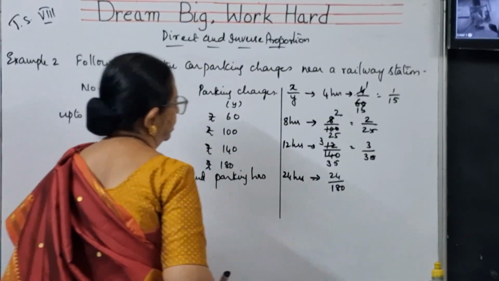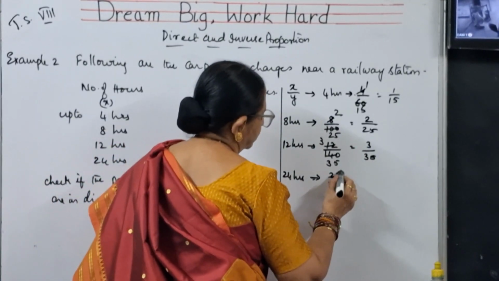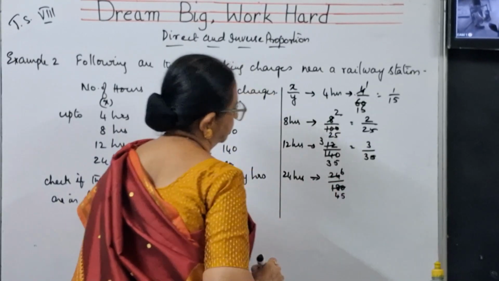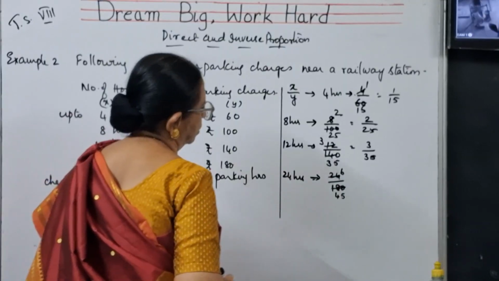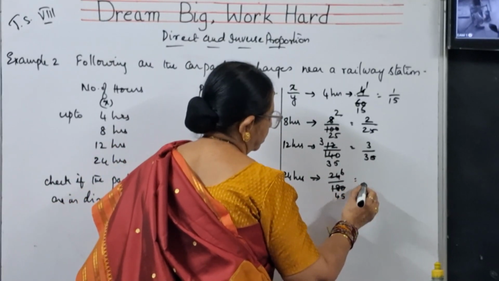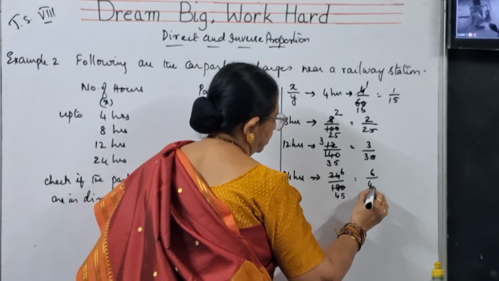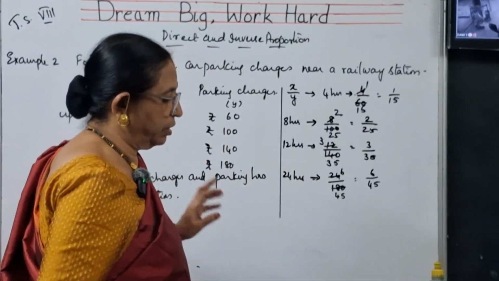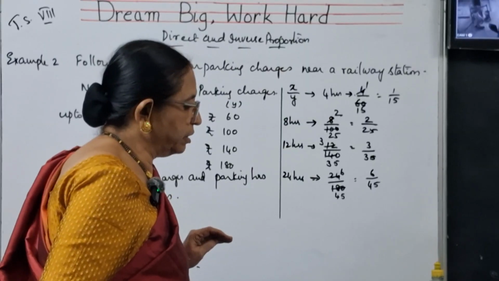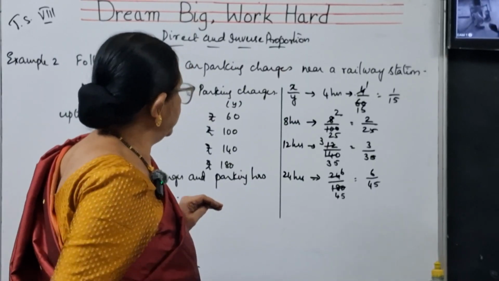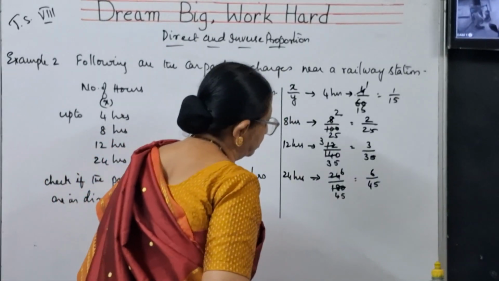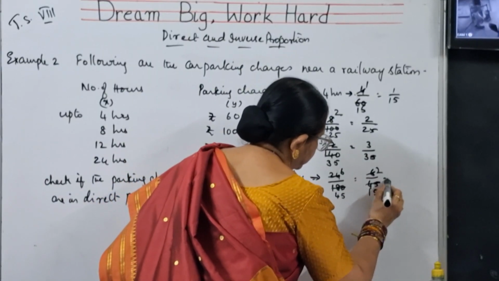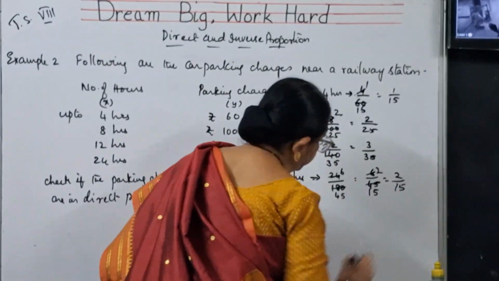This is 6 by 45. Okay, you can even simplify it: 3 ones are 3, 3 fifteens are 45. So you can even do it as 2 by 15.